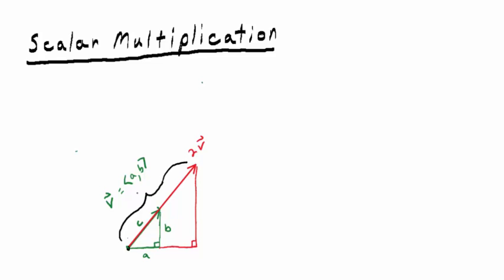But we know from geometry that the big triangle is similar to the little triangle.